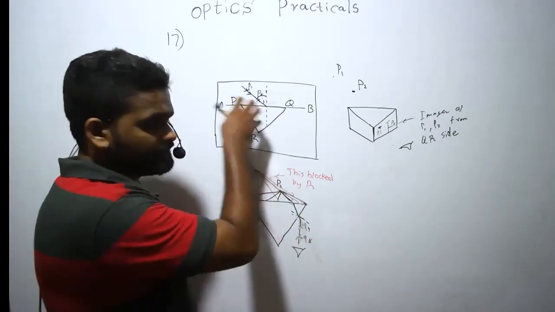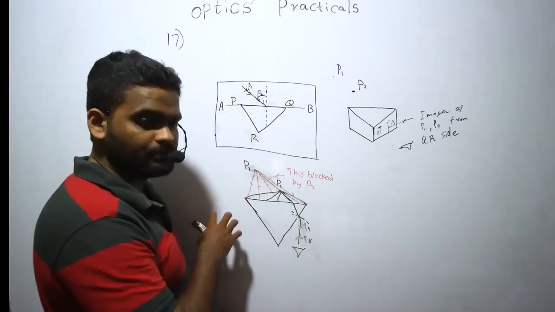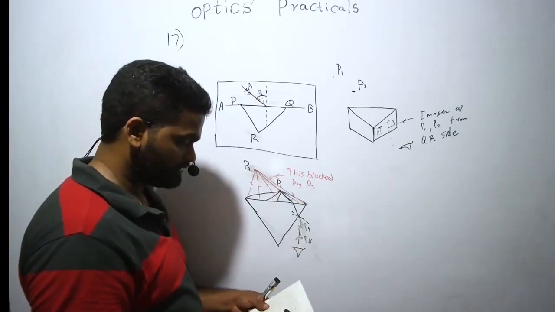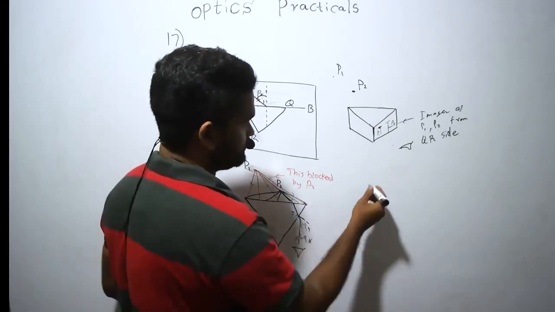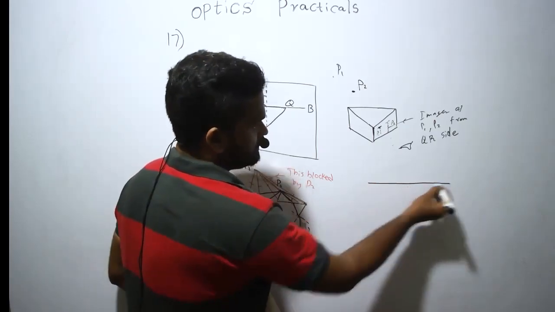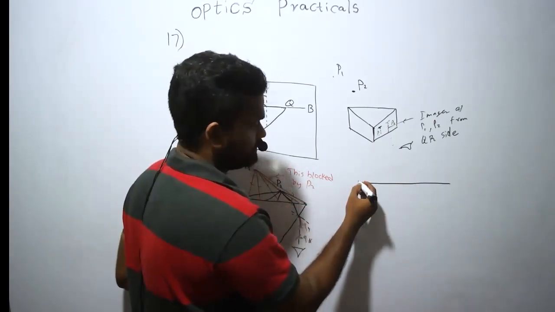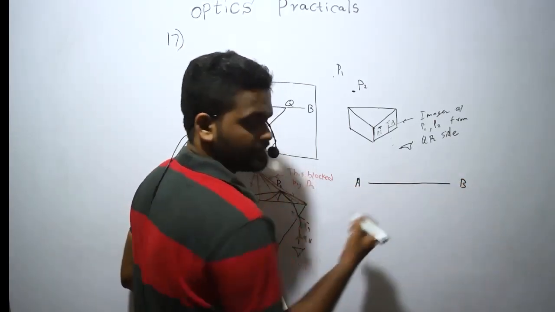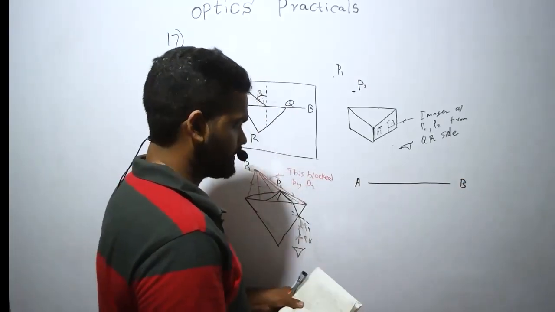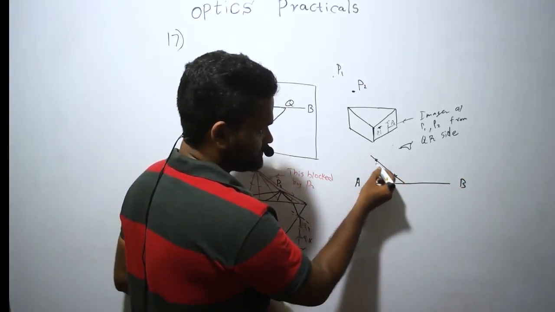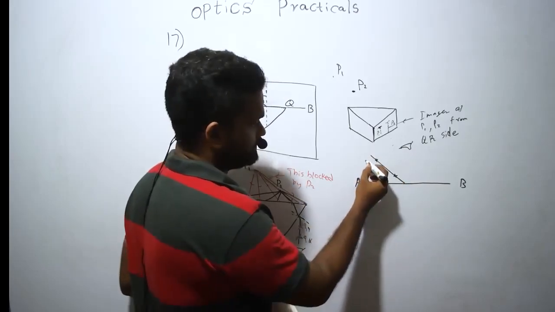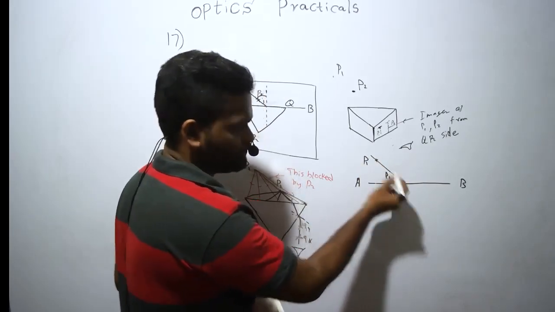Then you remove the prism. Then what do you have? On the white paper, you have this AB line. You have already drawn this line as well. Let's say P1, P2, you have drawn that, right?